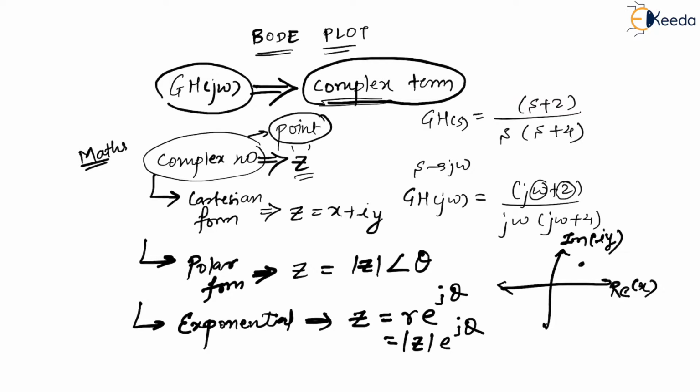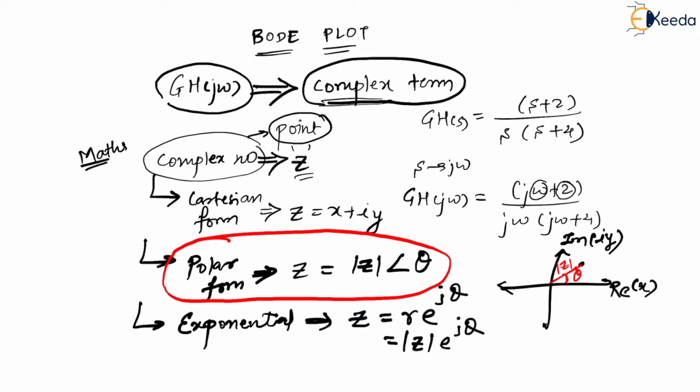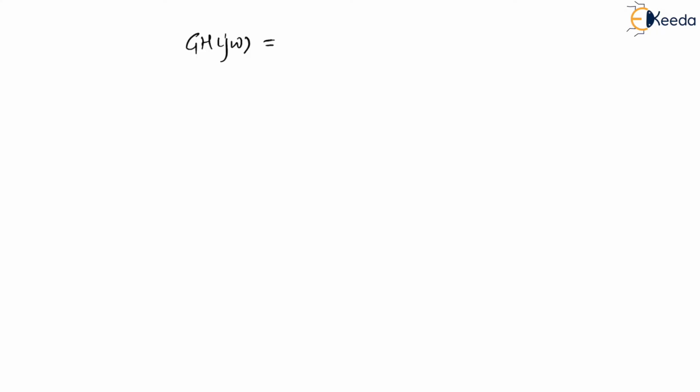So let me have some point here. This hypotenuse is nothing but mod z, and this angle from the real axis is theta, right? Which means this particular form is the polar form. So I can show this GH of j omega as mod of GH, which is the magnitude of GH, at some angle of GH.